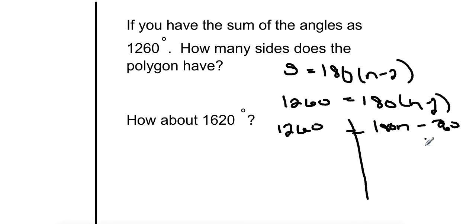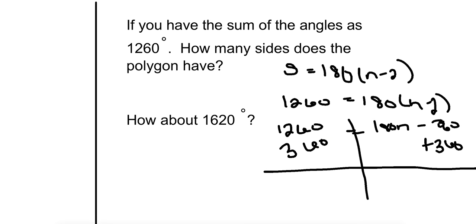So you would add 360 to both sides. Apologize again for the writing. These would cancel. I'm left with 180n equals 1620. And now I need to divide both sides by 180.